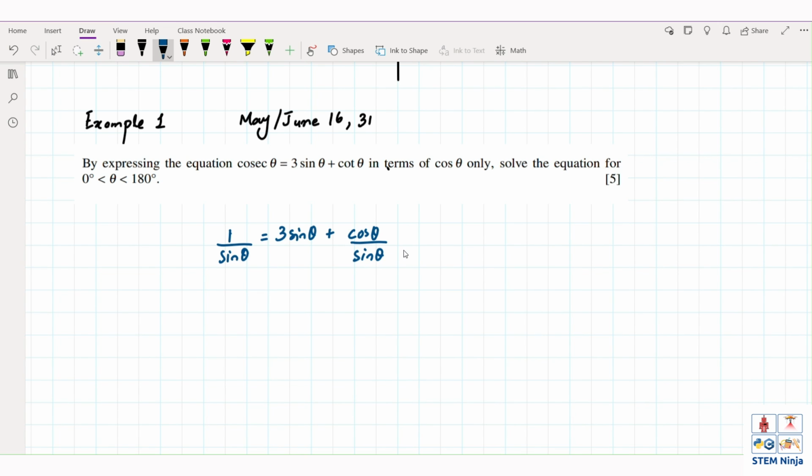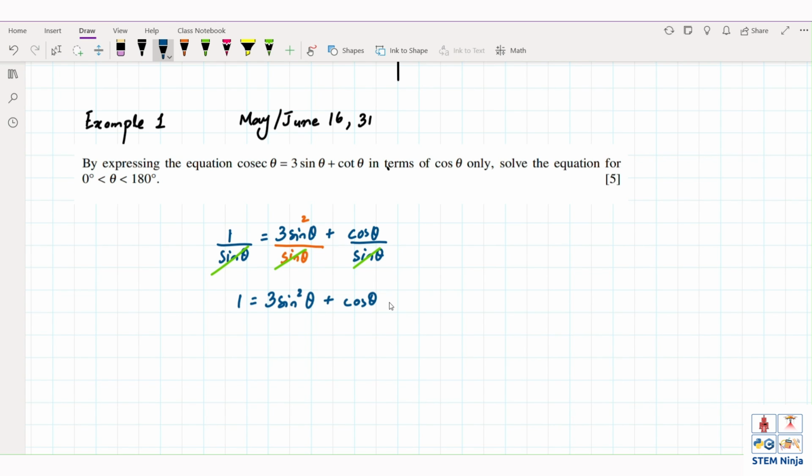Now, since we need this in terms of cos theta, the way to go about this is first making the denominators the same on both sides. So this becomes sine squared on the numerator. The equation then simplifies, because the denominators are the same now on both sides. So this becomes 1 equals 3 sine squared theta plus cos theta.